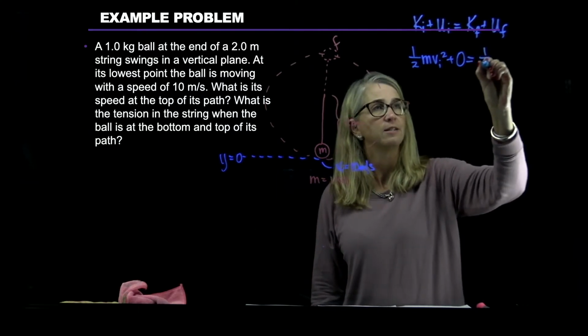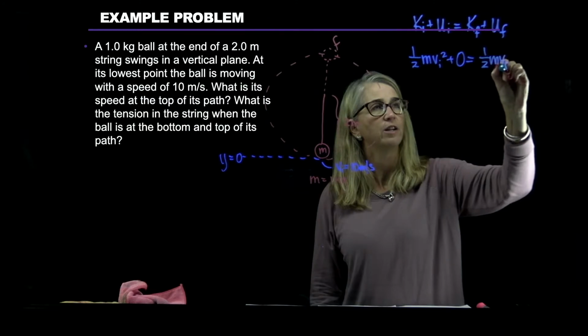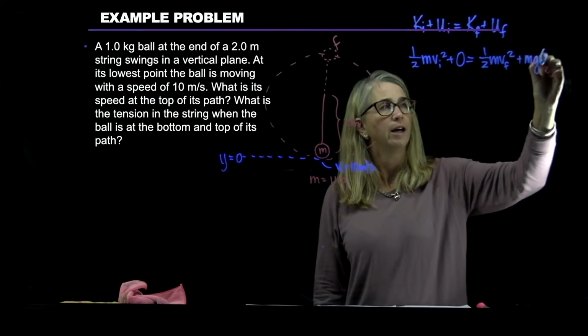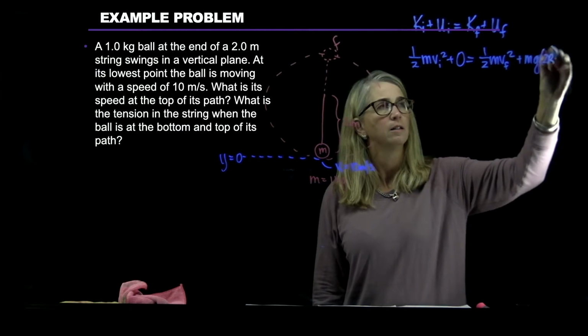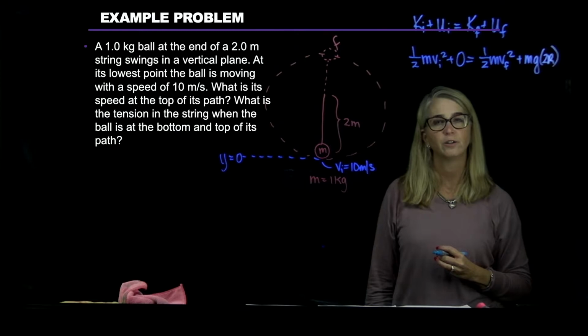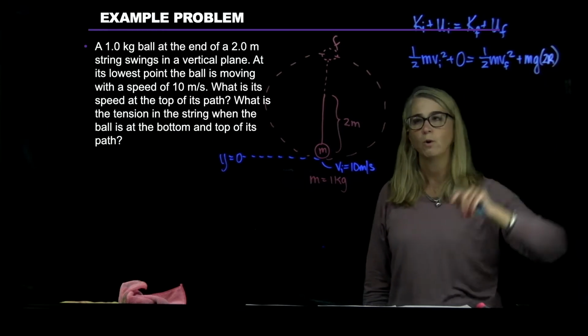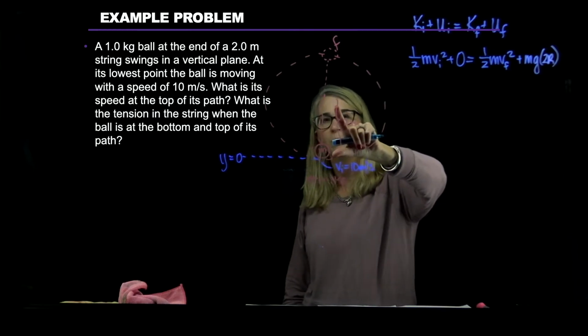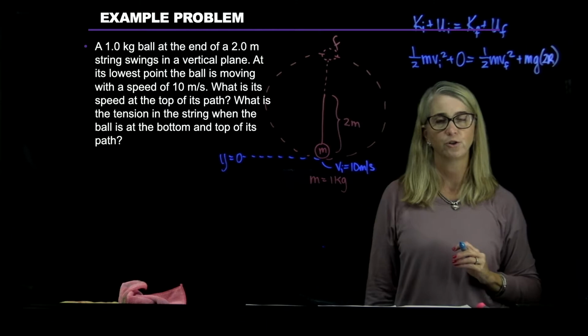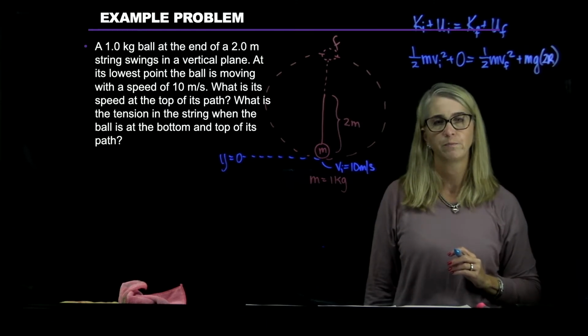Kinetic energy at the top is 1/2 mv final squared, and the final gravitational potential energy is mg times 2r, because the radius is 2 meters and the top is 2 of those above the initial point of y equals 0.